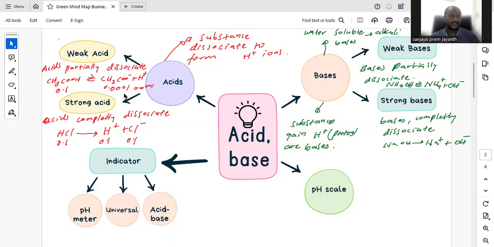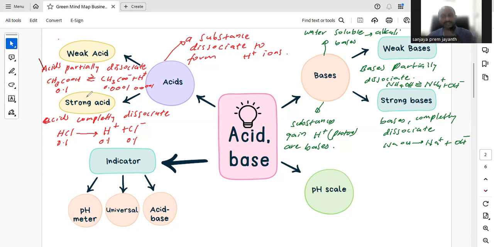Now, the next thing is indicator. Can you remember what an indicator is? What's the use of an indicator? We use an indicator to identify acid or base.